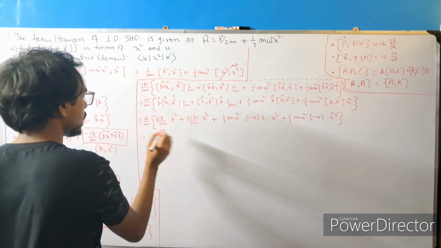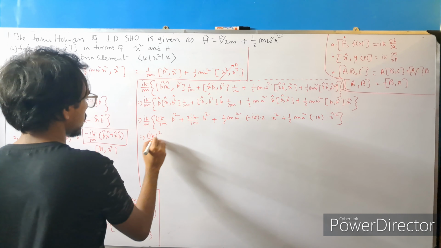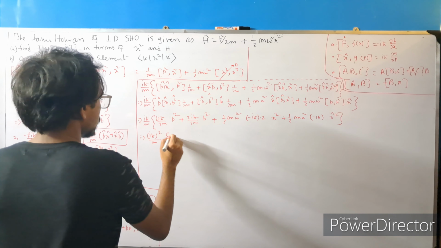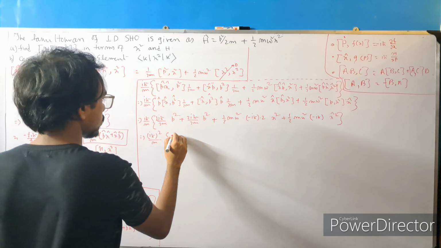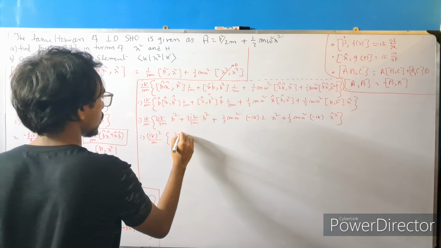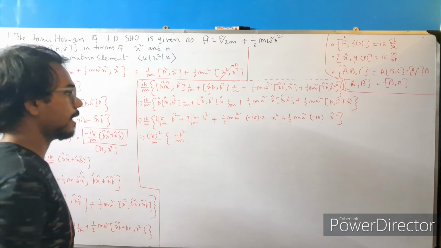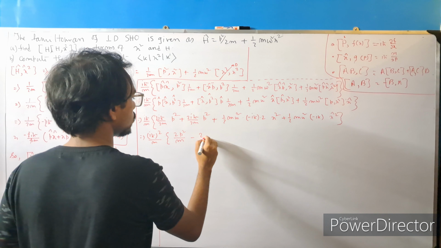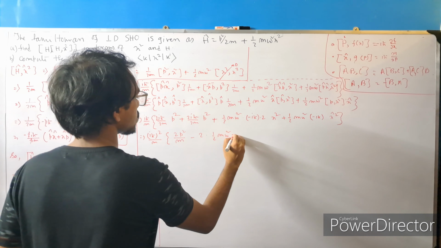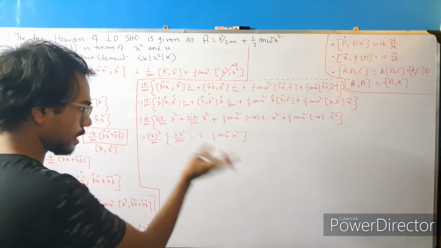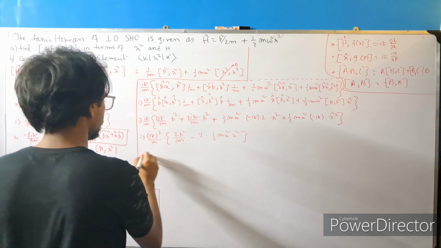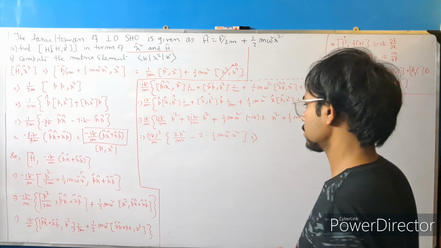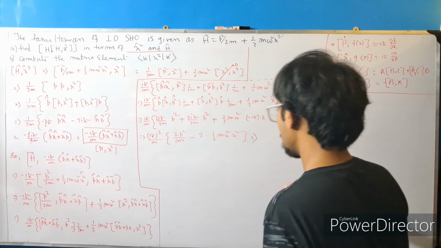So I can take the i h cut common out. So i h cut squared by m into 2 into p squared by m, minus 2 into half m omega square x square. I can take the 2 common also. After that we can write that i square will give me a minus 1.